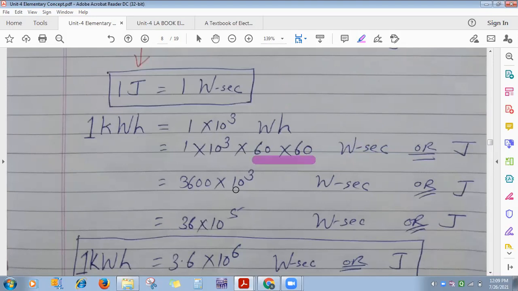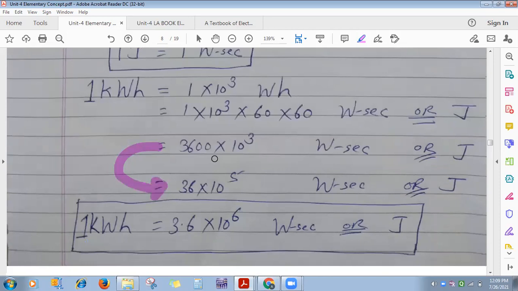Now here 60 into 60 is 3600, and this one is 10 to the power 3. So watt second or joule. Now the same we can simplify. I can write the same as 36 into 10 to the power 5. Here 2 zeros are there, 3, so I can write it 36 into 10 to the power 5 watt second or joule.